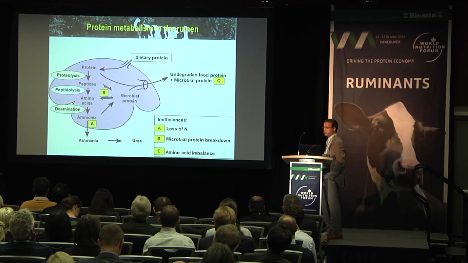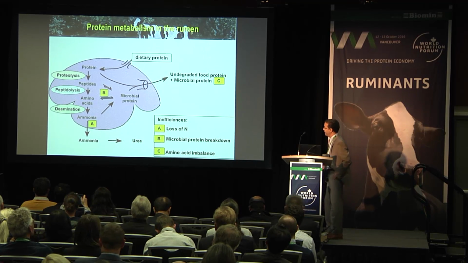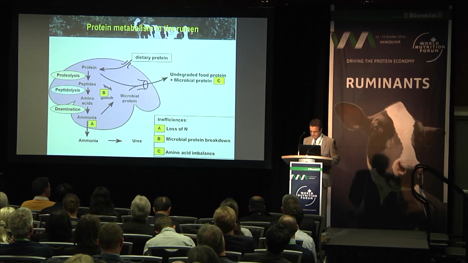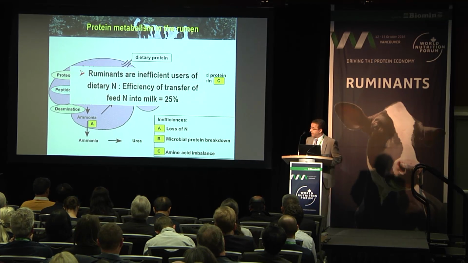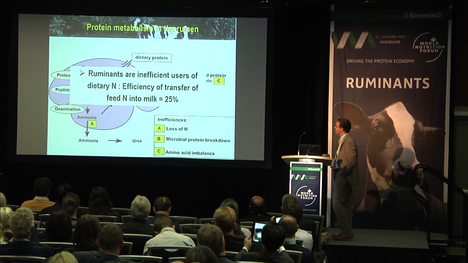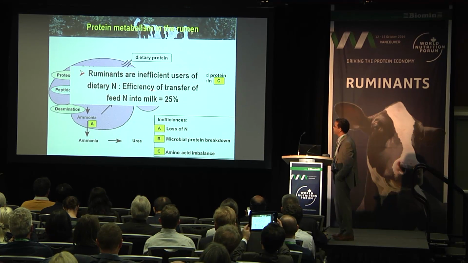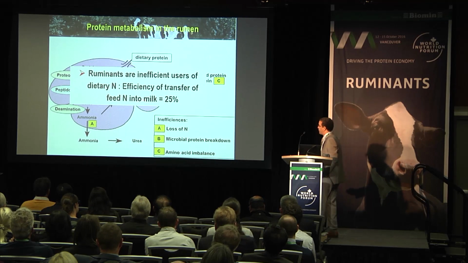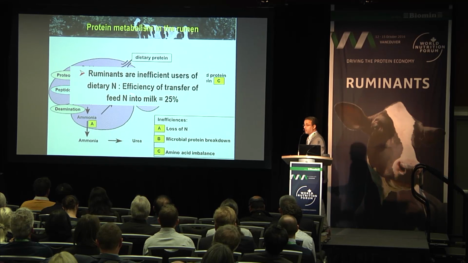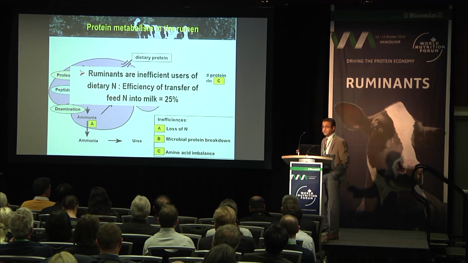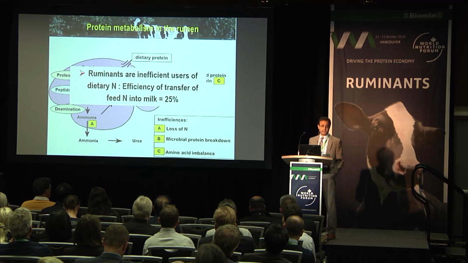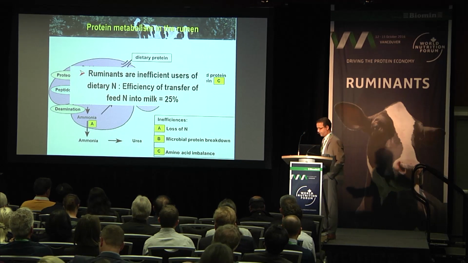And the last step, deamination, which degrades or ferments amino acids into ammonia. This catabolism is an inefficient way to use protein, and that makes ruminants an inefficient user of dietary protein. For example, the efficiency of transfer of feed nitrogen into milk averages 25%, the remainder being excreted with urine and feces into the environment.